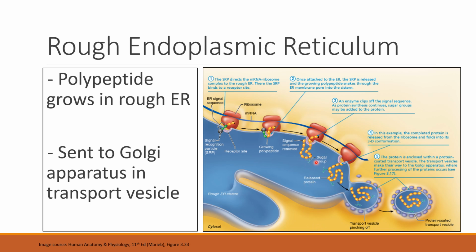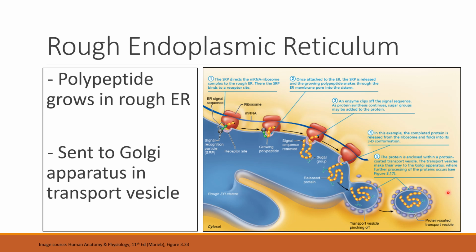As it goes along, it starts to get processed. Here's a little sugar group added onto it. That little SRP is kind of removed, and so now you have this polypeptide chain. And once it finishes being made, it'll be pinched off in this thing called a transport vesicle. That transport vesicle will go where?